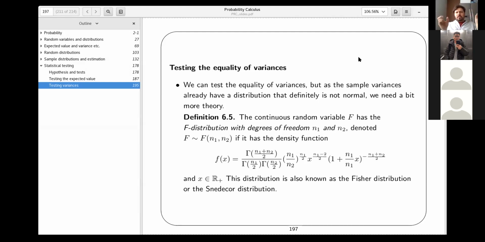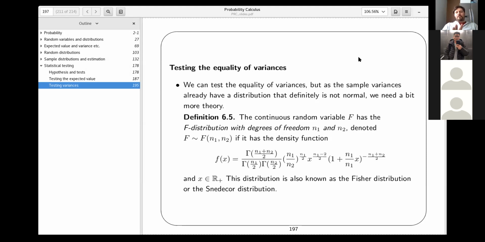If we start subtracting them, and n is very large and m is really small, then we could have something that looks somewhat like a chi-squared distribution with n minus m. But if both n and m are large, then it's not going to look anything like a chi-squared distribution. So we need another distribution.